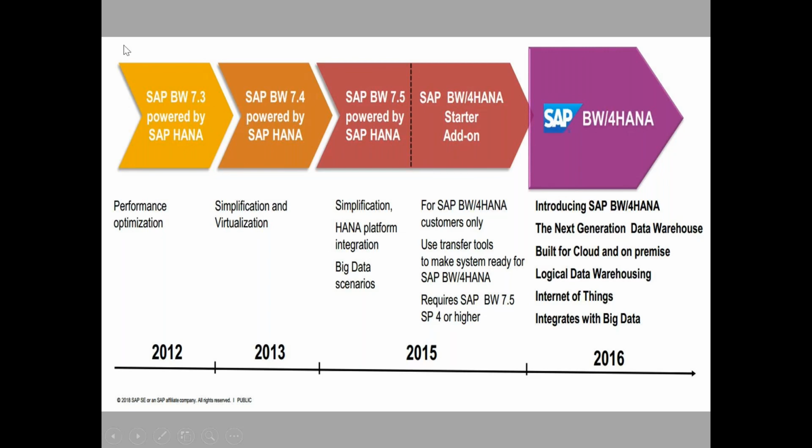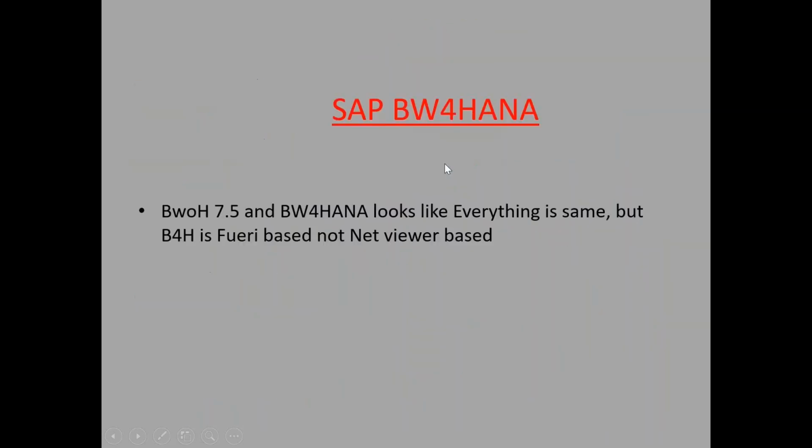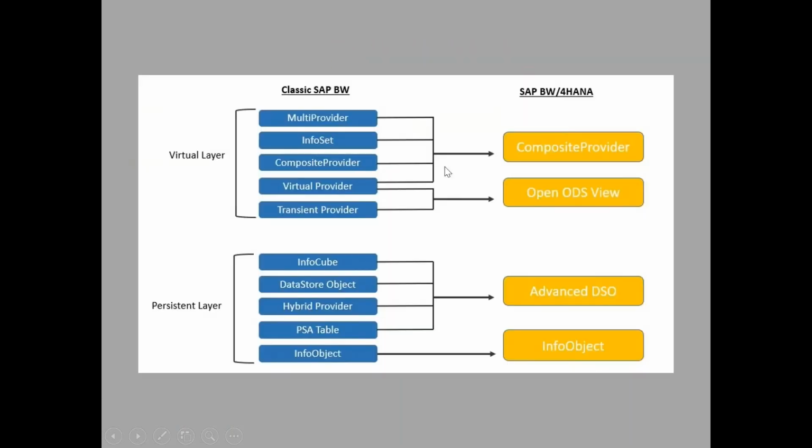Once it is migrated, how many providers do we have? Only 4. They just minimize and consolidate the info providers. So instead of 4, only 1. Instead of 3, only 1. Instead of 2, only 1. This is how BW4HANA comes into the picture.